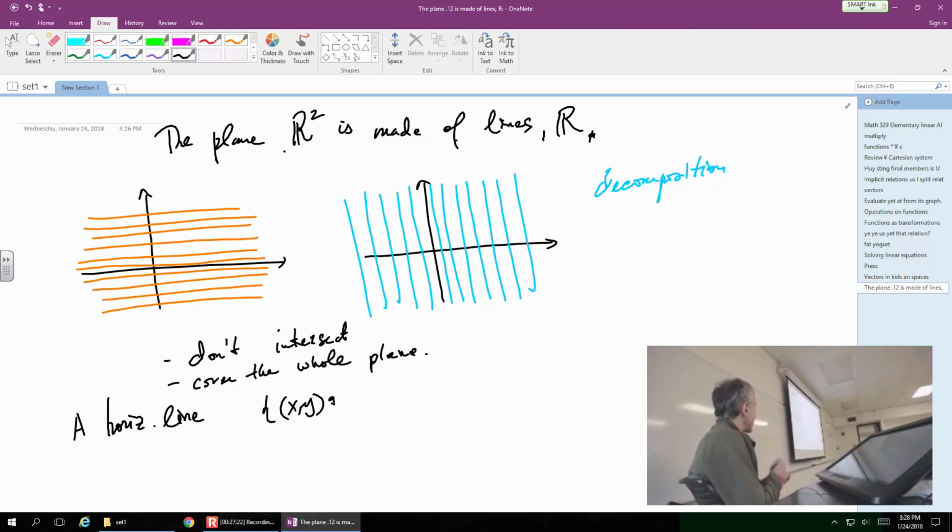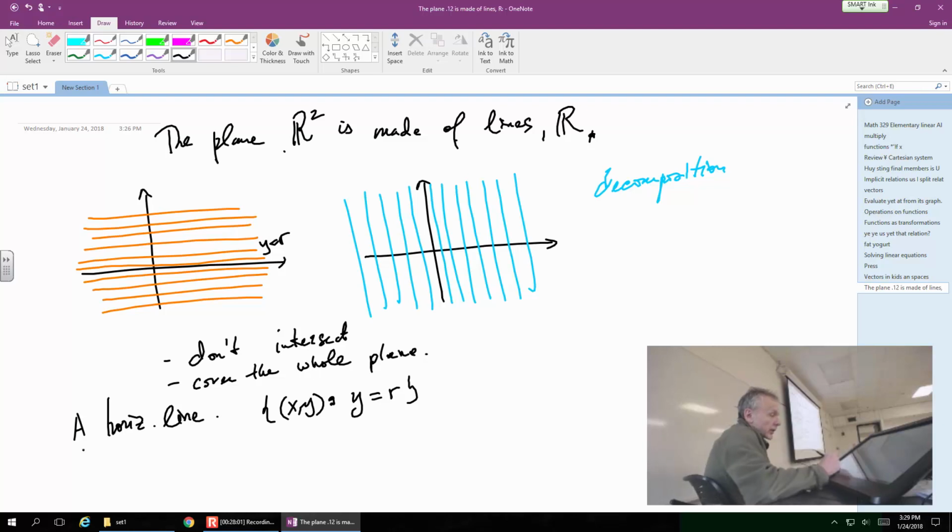So xy, which is a pair of numbers or a point on the plane, and then you impose following the colon, we impose the condition. So for example, y equal to, say, r. So for every r, this is a horizontal line. Y equal r is this horizontal line, where r is how high it is located. Once again, it's not hard to see that they cannot intersect because they are parallel. They all have the same slope, and they cover the whole plane because, well, I hope that that is clear.